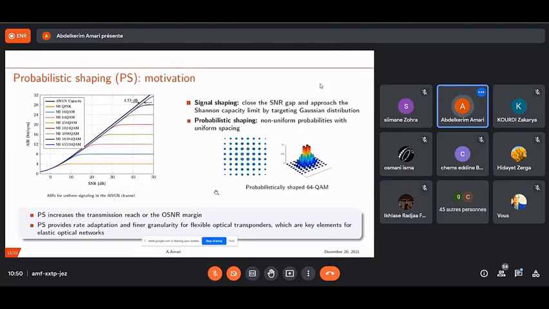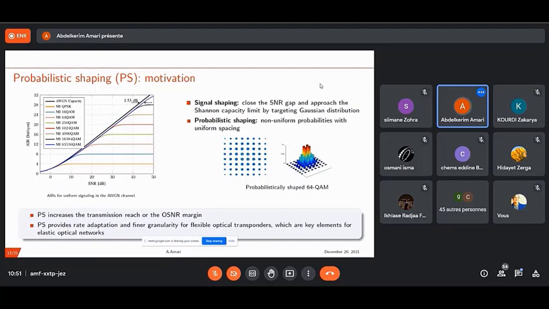And this leads, of course, to performance improvement via enhancing the GSNR, or the effective SNR in the case of the optical channel. Other important features of probabilistic shaping are the finite granularity and the rate adaptation, which is a key technology for future elastic optical networks.